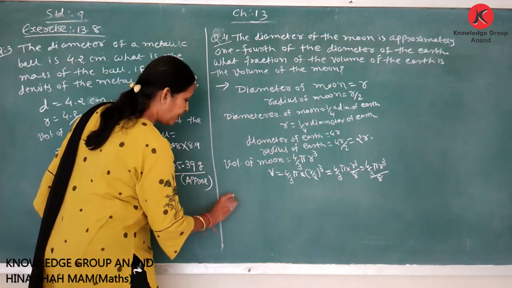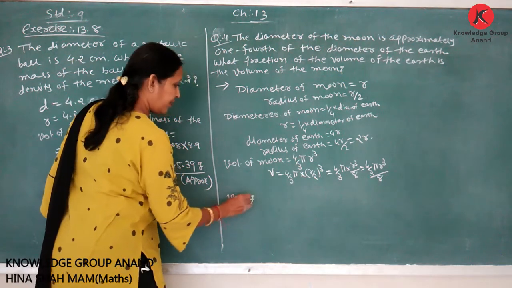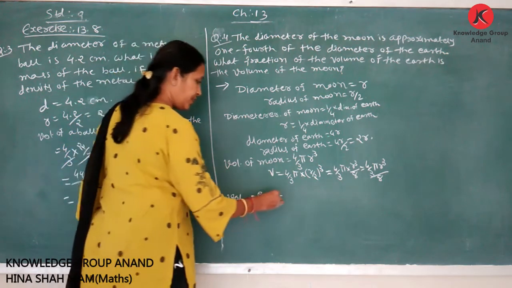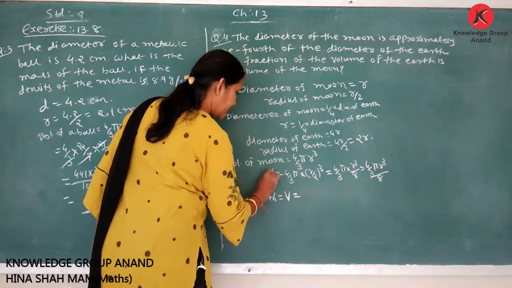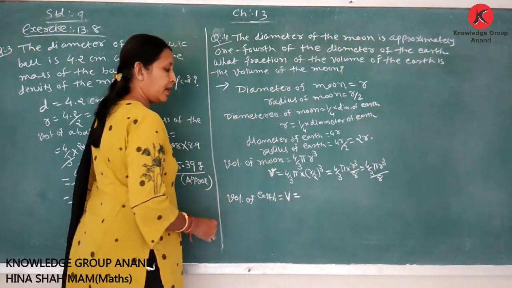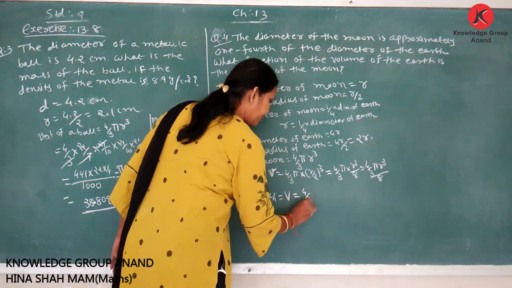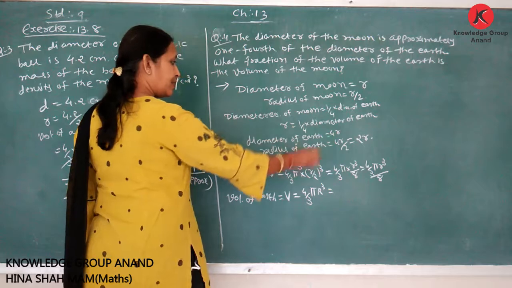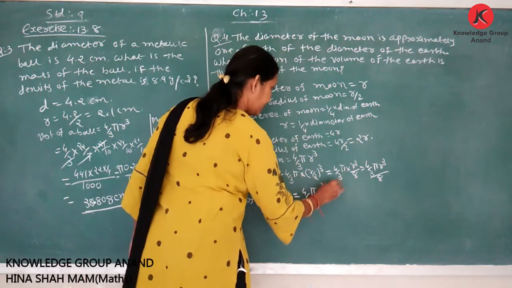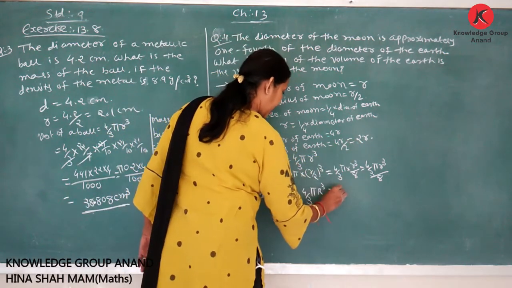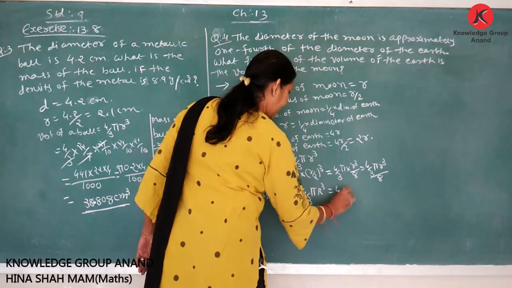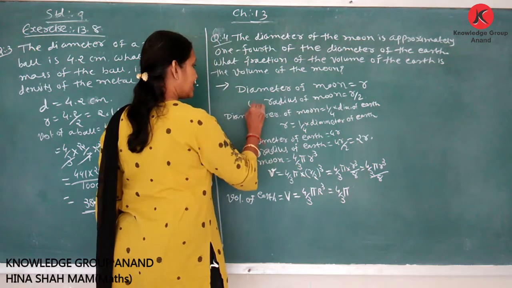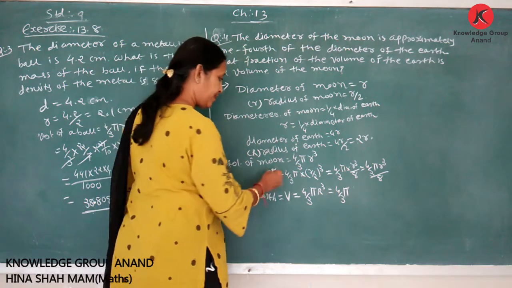Now, volume of earth. Its radius is denoted capital R, and the moon's radius is denoted small r.